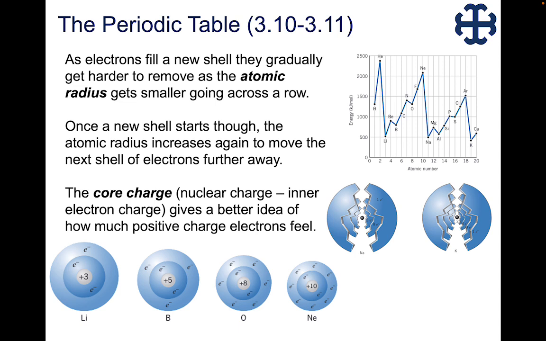Key point here is that as we add more protons as we go across a row, so let's say, for example, we look at our second row where we start with lithium, beryllium, boron, carbon, nitrogen, oxygen, fluorine, neon, you'll see that the energy to remove an electron goes up. And that is because as we go across the periodic table, our atomic radius gets smaller and smaller.